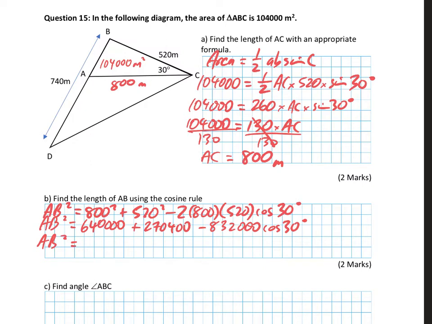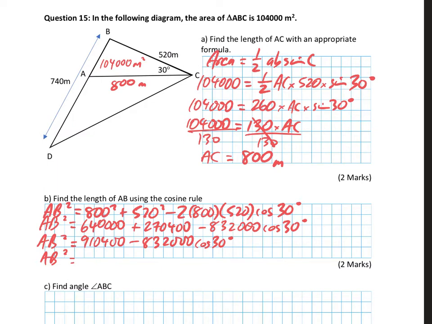AB squared is going to be 640,000 plus 270,400, 910,400, take 832,000 cos 30 degrees. Do that in the calculator.